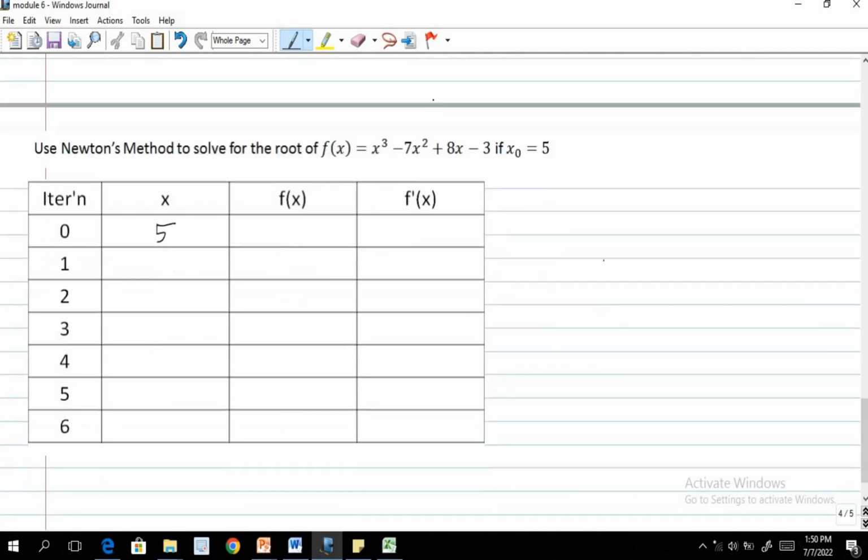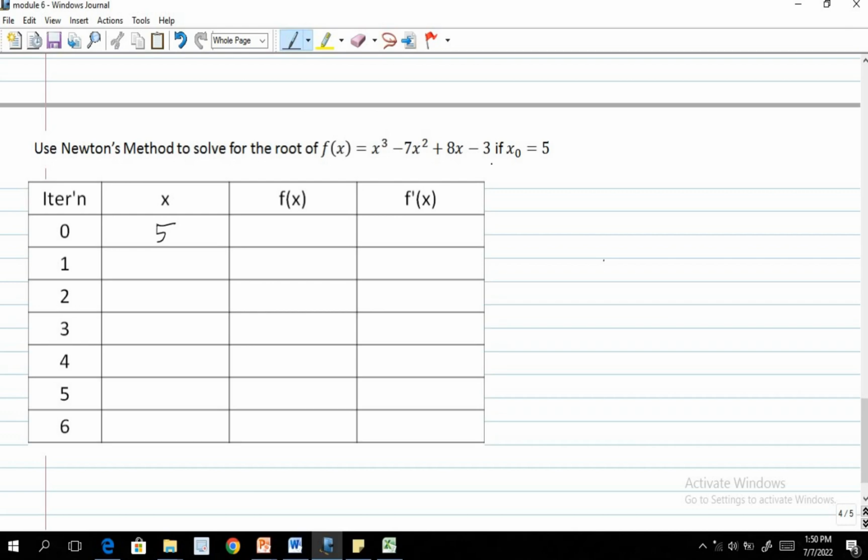let's have an example. For this one, you're required to determine the root of this function, x cubed minus 7x squared plus 8x minus 3. So the very first thing we have to do here is to solve for the derivative.